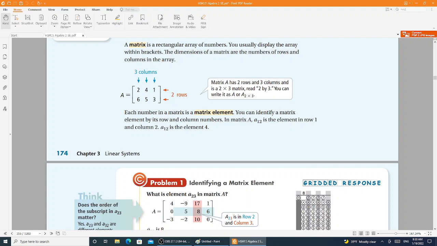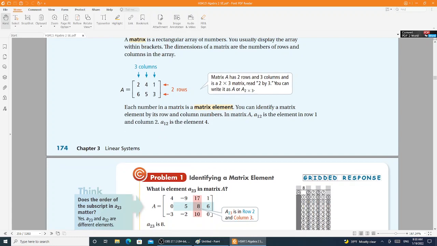We have 3 columns and 2 rows. Matrix A has 2 rows and 3 columns, so it is 2 by 3. The dimension of this matrix is 2 by 3. You can write it as A or A 2 by 3.